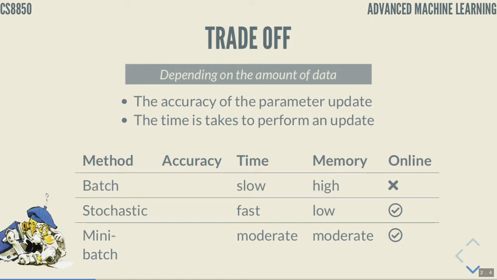Trade-offs, depending on the amount of data. So the accuracy of the parameter update changes and the time taken to perform an update changes. So batch is accurate, that's as accurate as it can get, but it's slow, it needs a lot of memory, and it can be done online if the data keeps coming in.